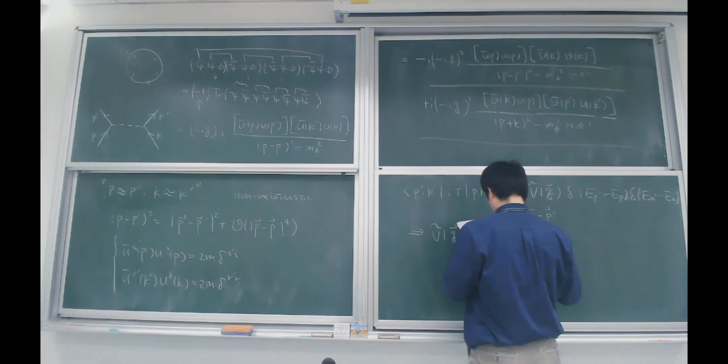This way. And then to get the potential, Fourier transformation, to get this one, it's super easy to do that.